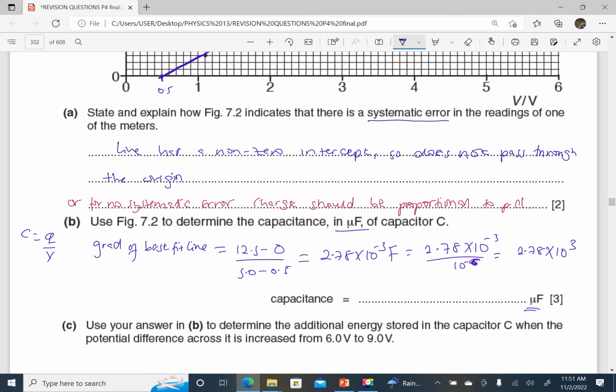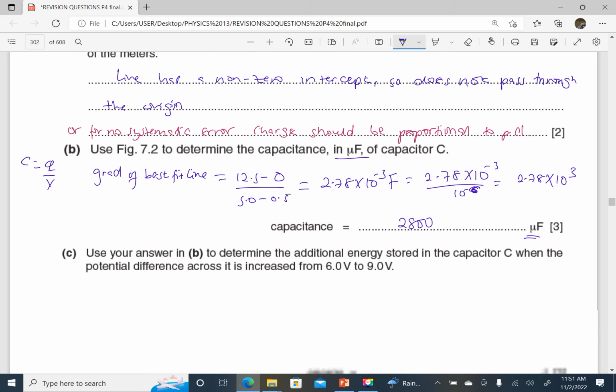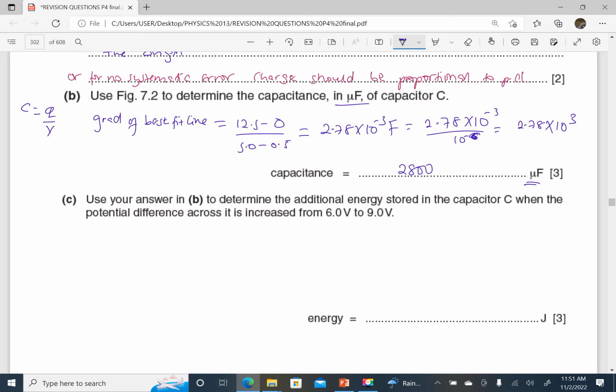And this is giving me approximately 2,800 microfarads. Those are two significant figures. Or you can write 2,780 microfarads.